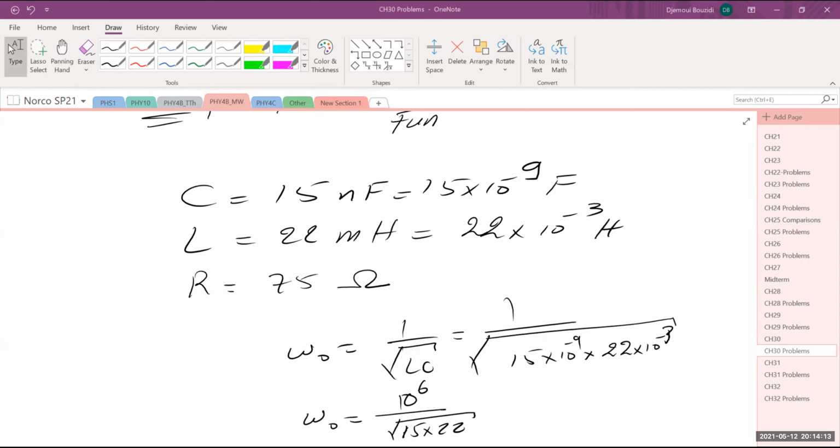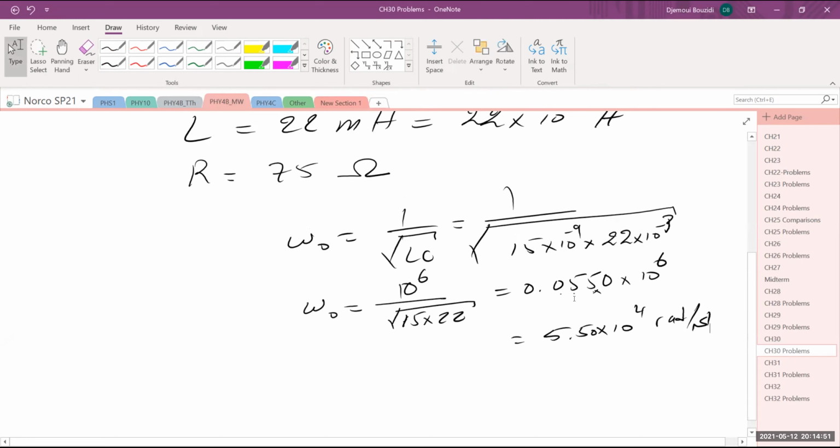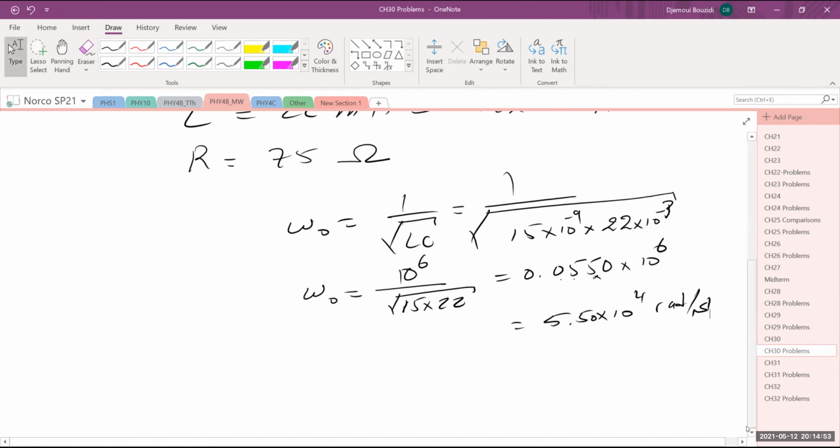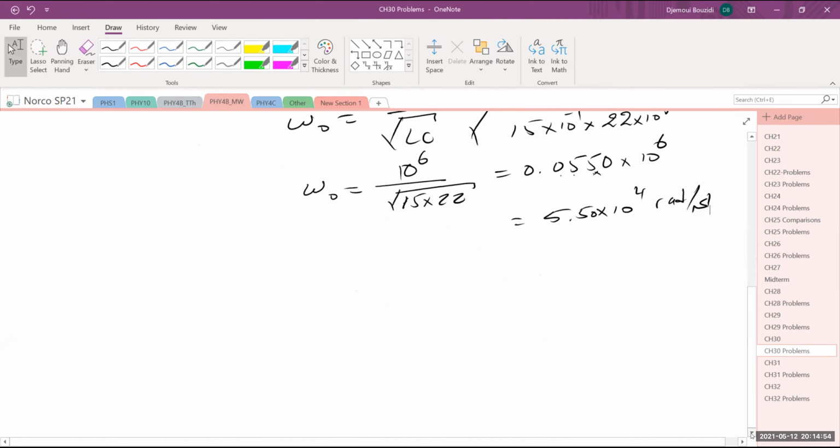This is not omega, okay? I need to find tau. Tau is equal to R over 2L, and R is 75 ohms, and L is equal to 22 millihenry.